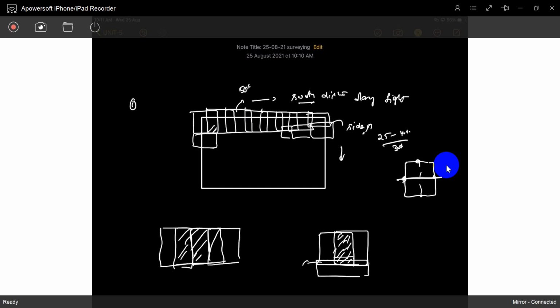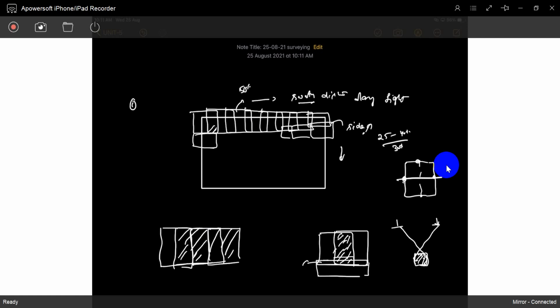At least 50% is required, because every detail we have to capture two times. The details of a particular point we require two times, one from the left side, one from the right side. That's why 50% is required.